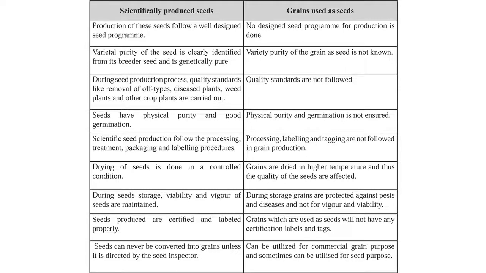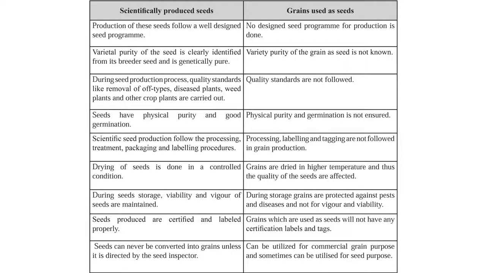Whereas grains used as seeds have no designed seed program for production, and the varietal purity of grain used as seed is not known. Quality standards are not followed, physical purity and germination are not ensured, and processing, labeling and tagging are not followed in grain production.